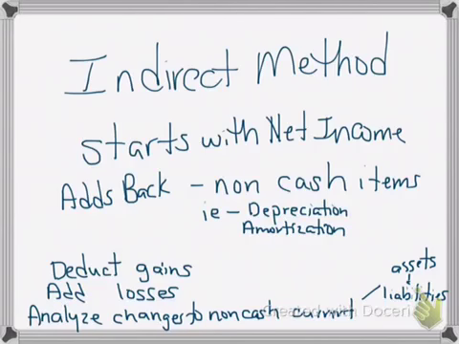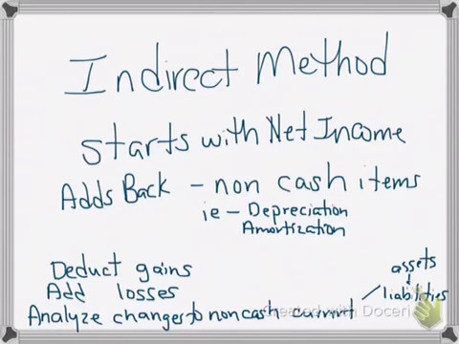This is actually probably the easiest of the two methods to perform because we start with what our net income was. We then add back any non-cash items. Non-cash items will include things like depreciation and amortization. Those are expenses, but they do not involve cash being paid out for those expenses.